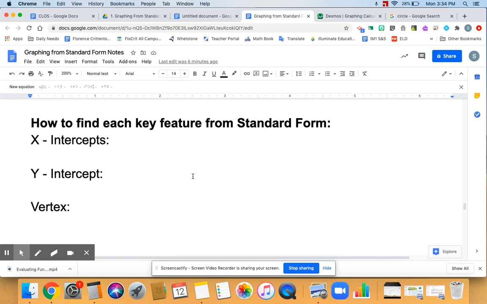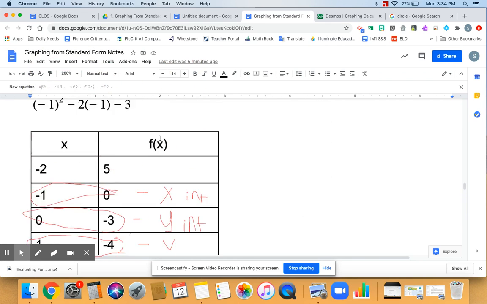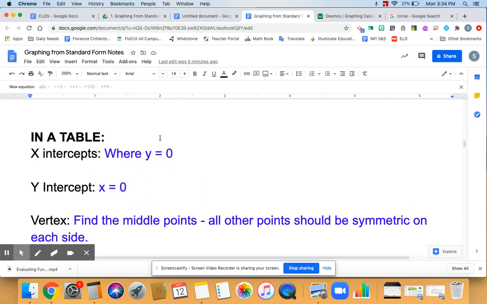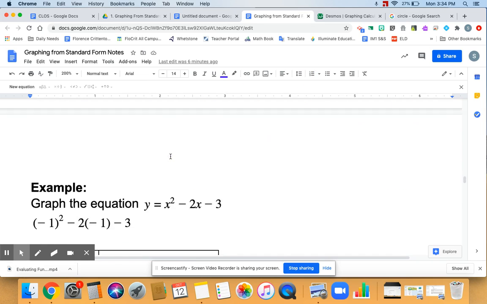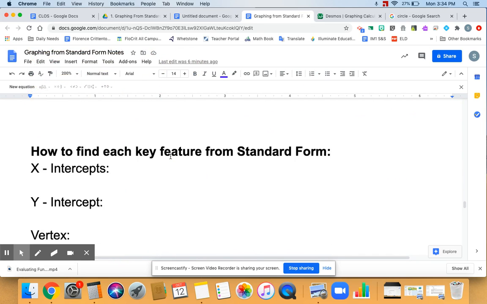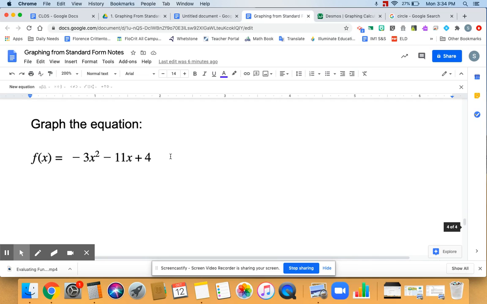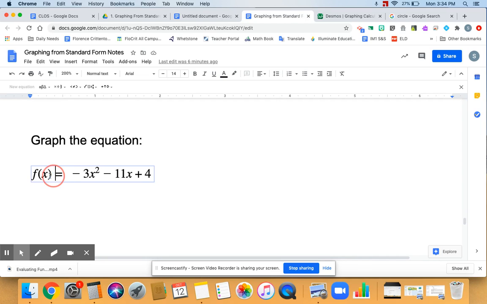So this one is specifically about standard form. In standard form, to find the x-intercepts, remember x-intercepts, by definition, is where y equals 0, where the equation equals 0. So if I wanted to find the x-intercepts of this, and I wanted to say the equation equals 0, looking at this and thinking about the last unit, how would you solve for x?